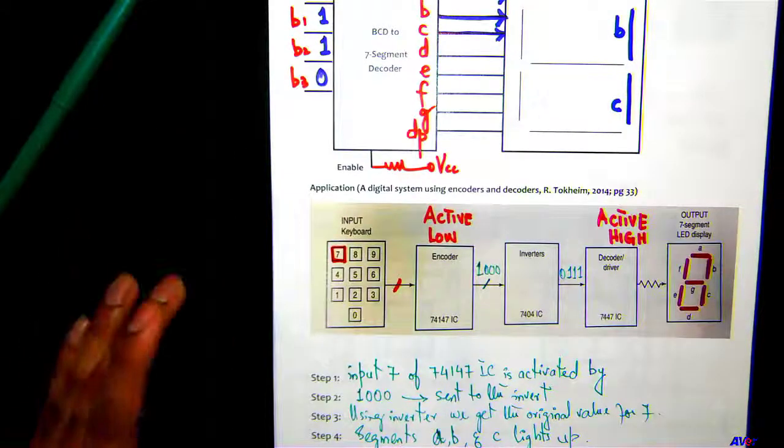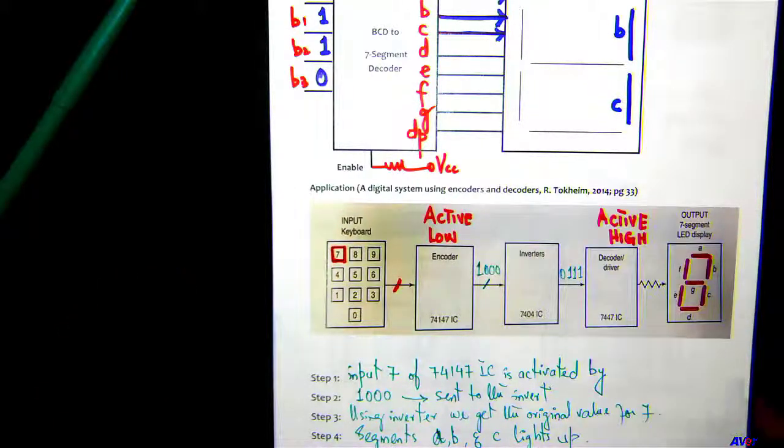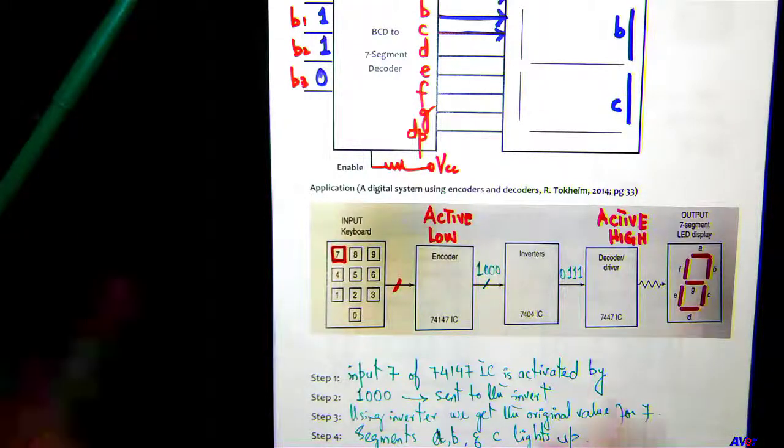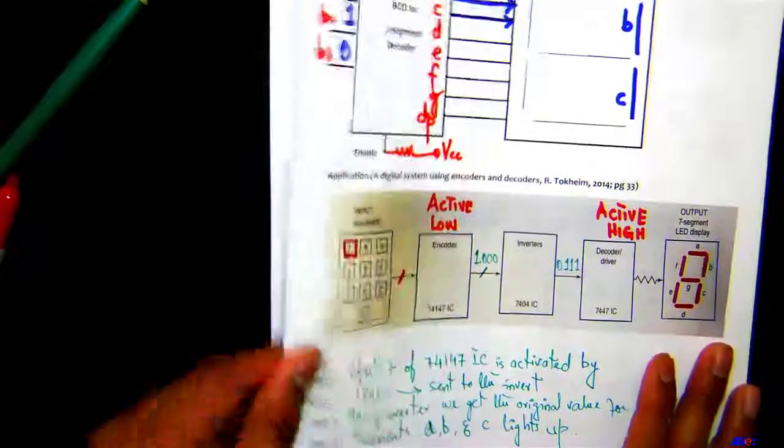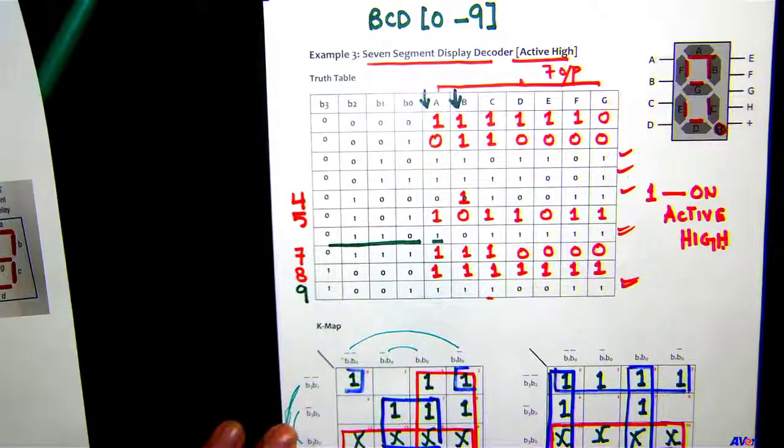How would I know that? Or say if you know the encoder was active low and the decoder was active high, why were they using an inverter? Come on, guys. So this truth table that we have is for active high, correct?